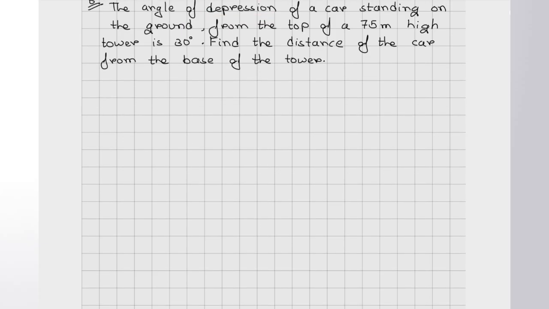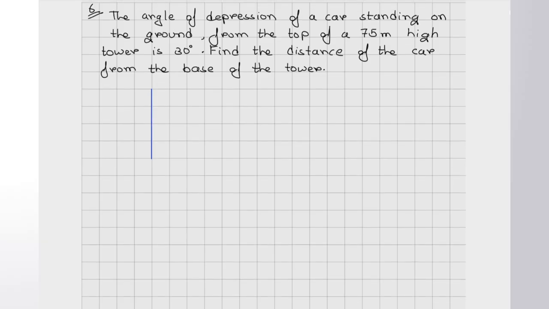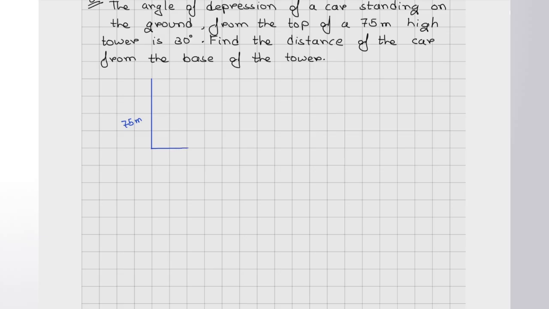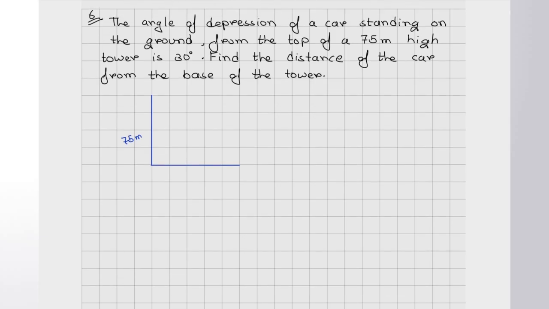In this case, we have been given the angle of depression. We'll draw the diagram. So this is the tower, 75-meter high. We don't know the distance of the car from the base of the tower.